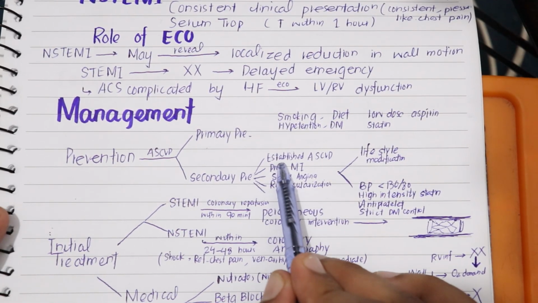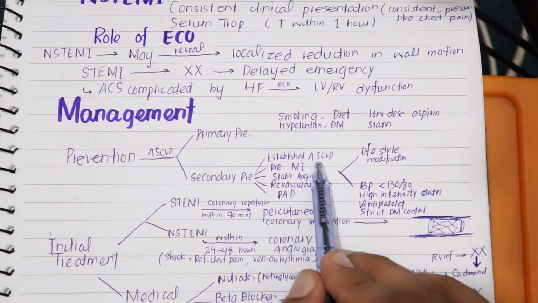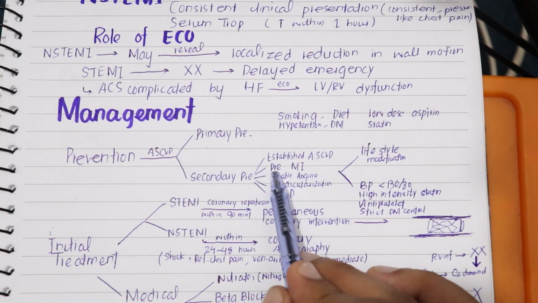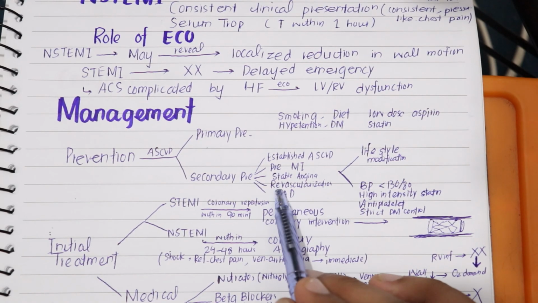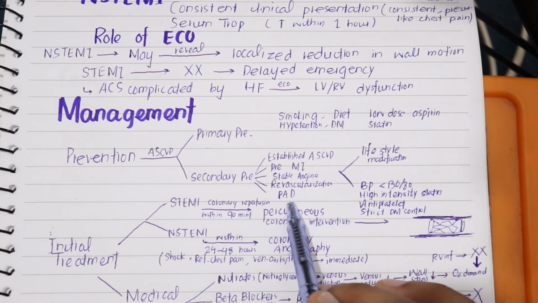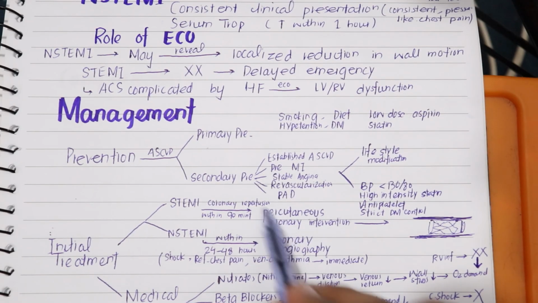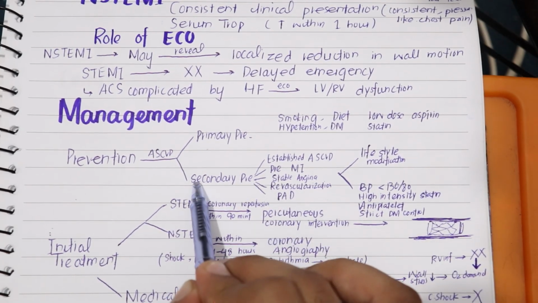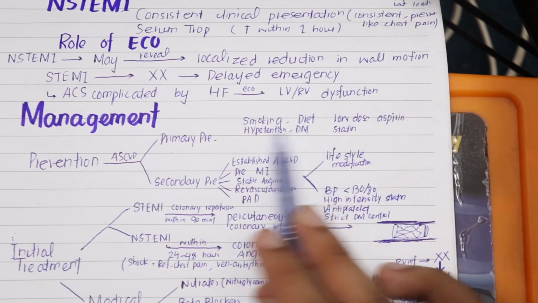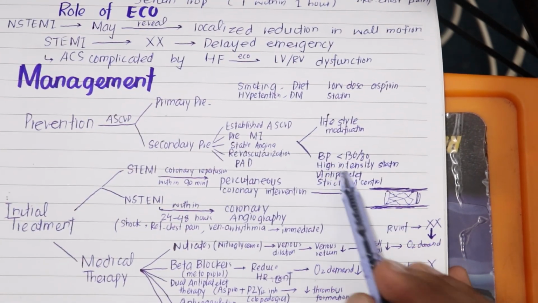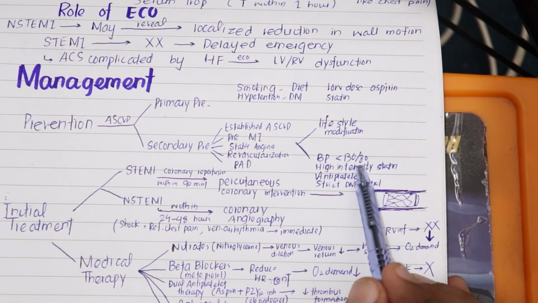The patient that is having established arteriosclerotic cardiovascular disease, and that patient that is having previous myocardial infarction, stable angina, revascularization and peripheral arterial disease. If patients are having these conditions, then there would be secondary prevention. And what is secondary prevention? The lifestyle modification that we have studied, as well as the BP should be less than 130/80.